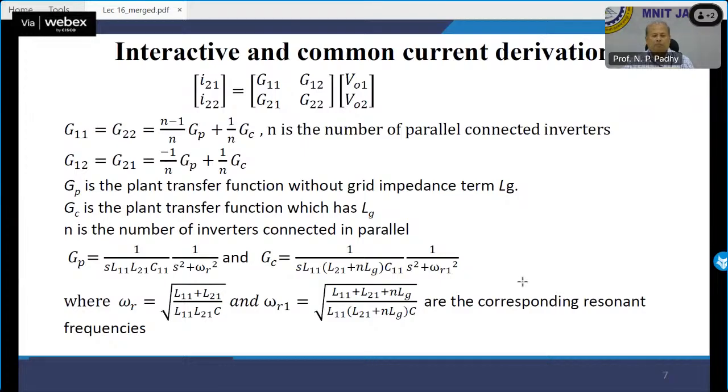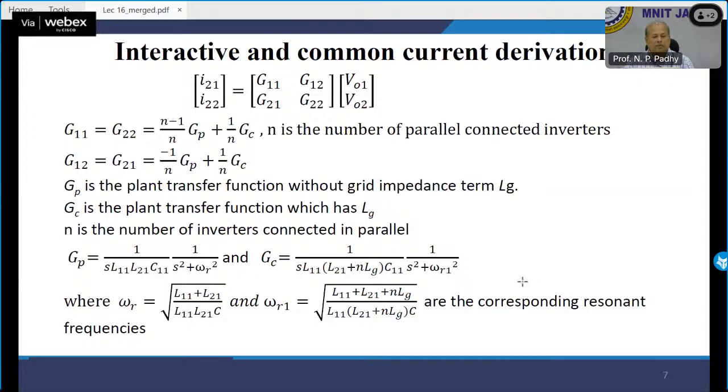Indirectly, if you see the interactive and common circuit derivation, I21, I22 equal to G11, G12, G21, G22 times VO1, VO2, where the value of G11 is given by a certain equation and G12 is given by another equation. Gp is popularly known as the plant transfer function without grid impedance LG.